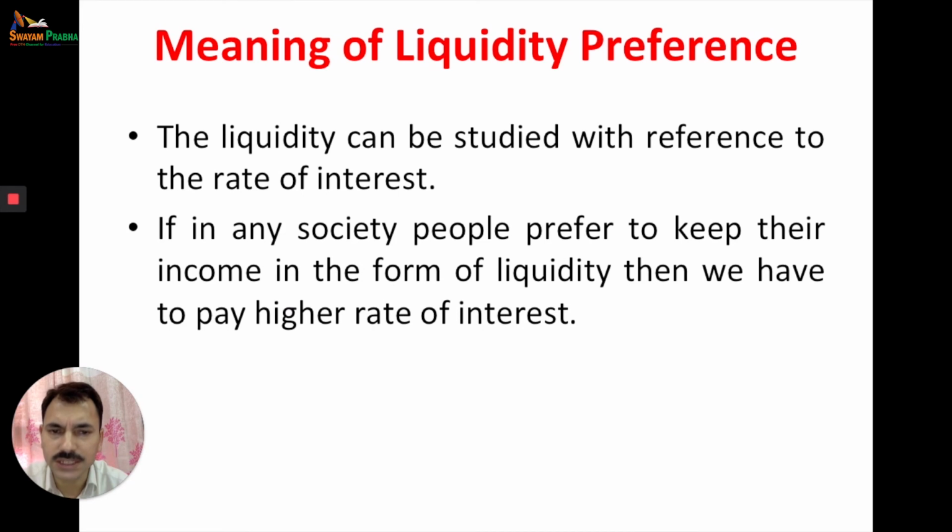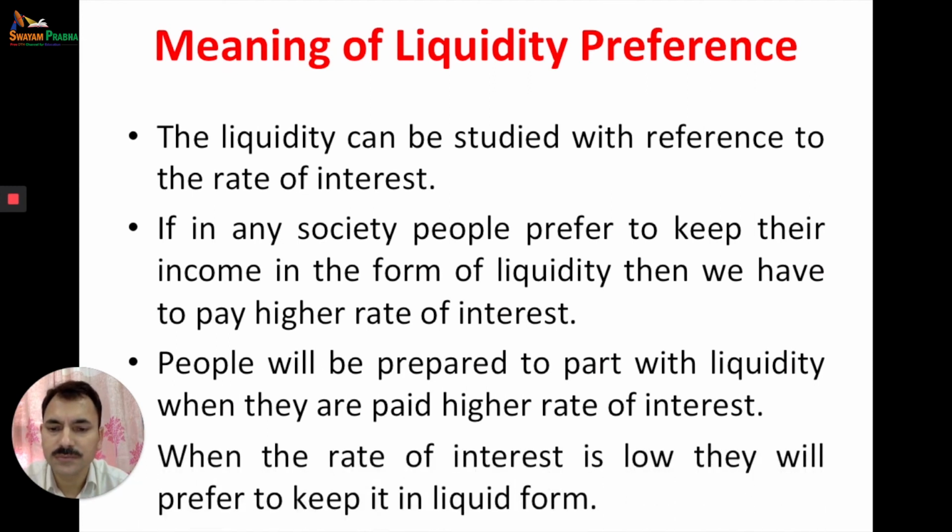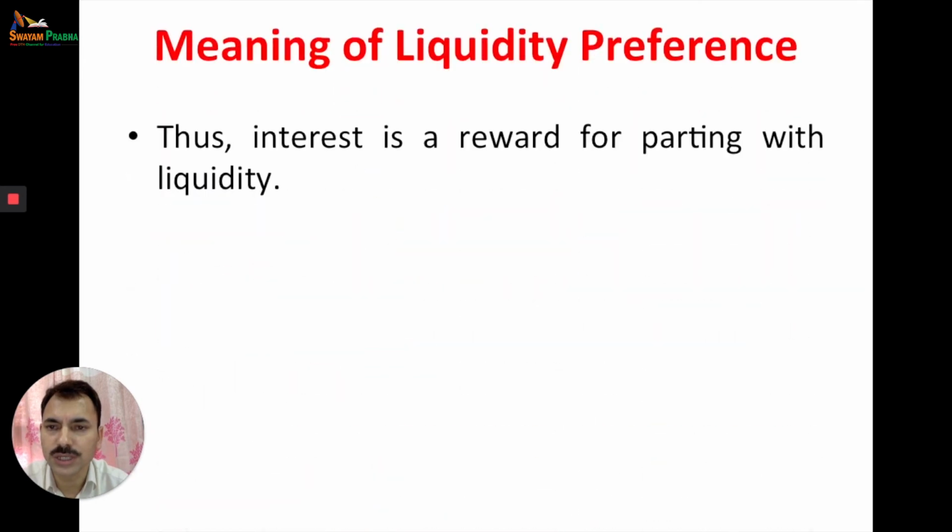If in any society people prefer to keep their income in the form of liquidity, then we have to pay high rate of interest according to Keynes. People will prefer to part with liquidity when they are paid higher rate of interest. And when the rate of interest is low, they will prefer to keep it in liquid form. This is the base of this theory.